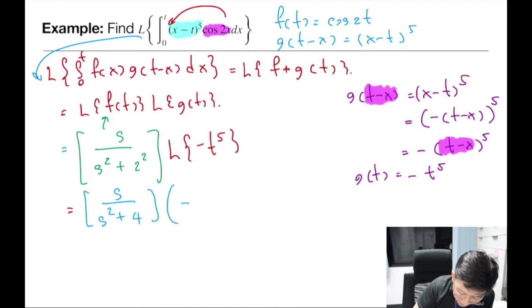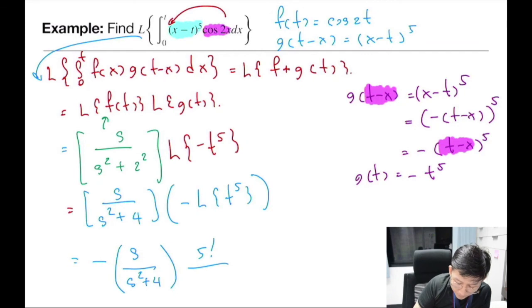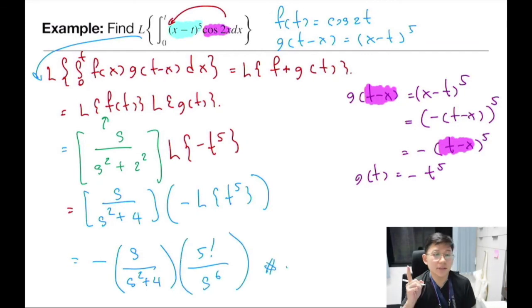That would be minus the Laplace transform of t to the 5, and Laplace transform of t to the 5 is 5 factorial divided by s to the 6. So the answer is s divided by s squared plus 4, times minus 5 factorial over s to the 6. See? Very simple, very easy.